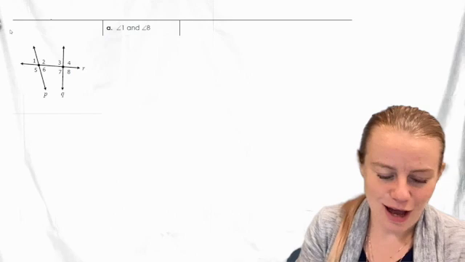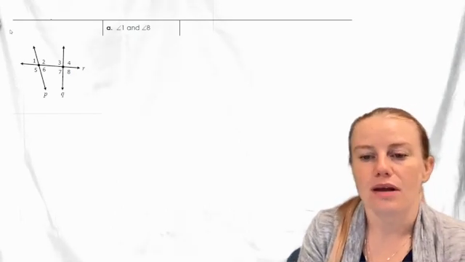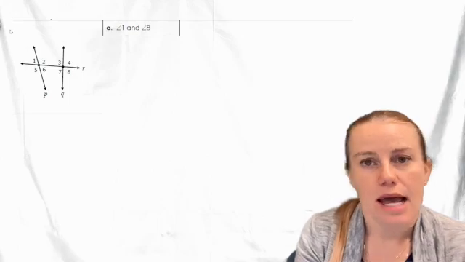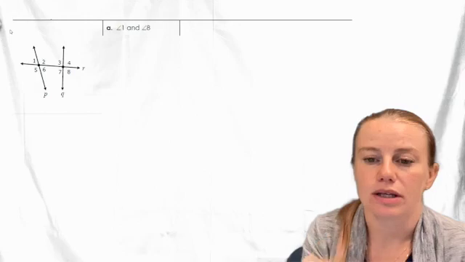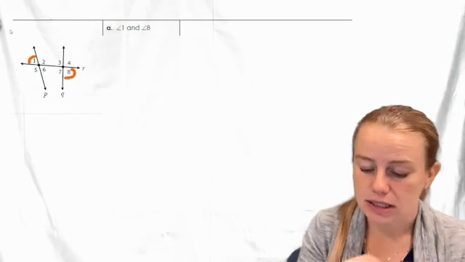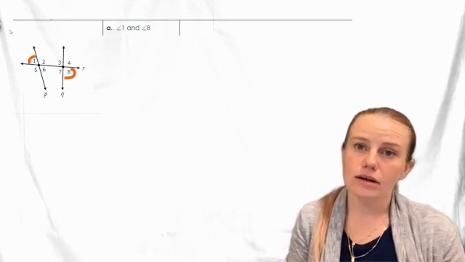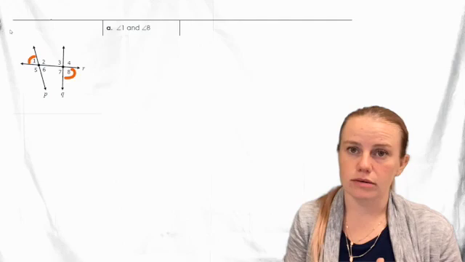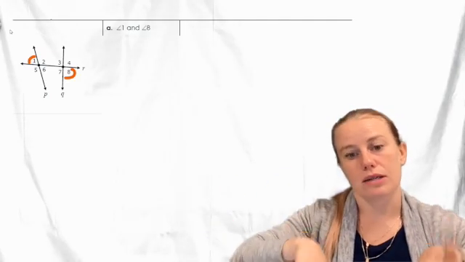Okay, looking at one of those examples at the top there. We are just naming the relationship between the 2 angles given. So we're looking at 1 and 8. First, let's look at if they are on the same side or the opposite side of that transversal, and then if they are outside of those 2 lines or inside those 2 lines.